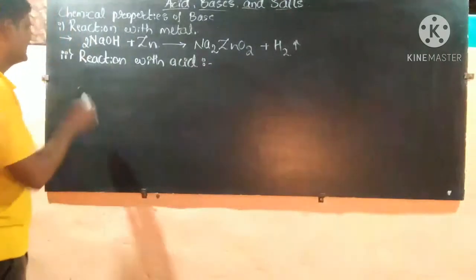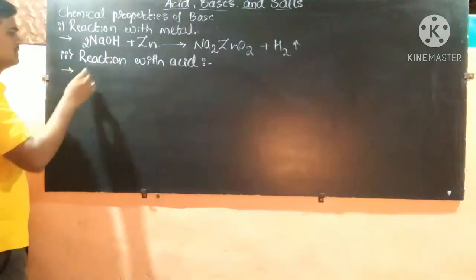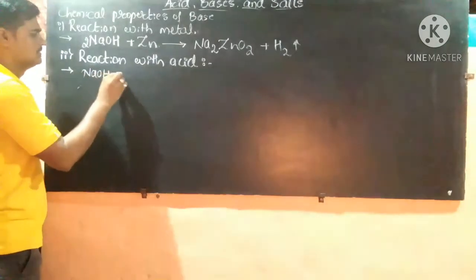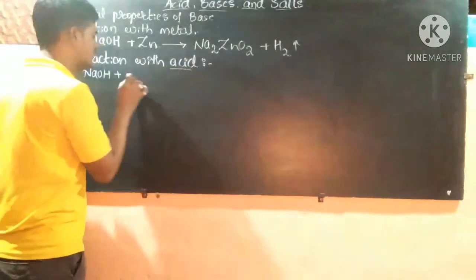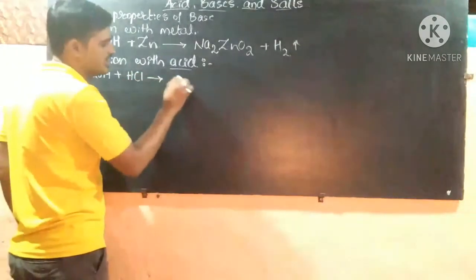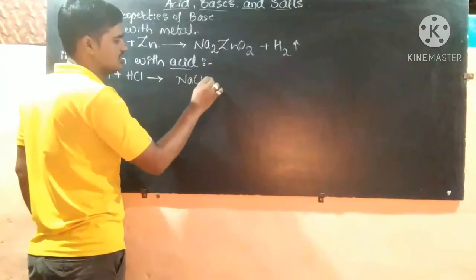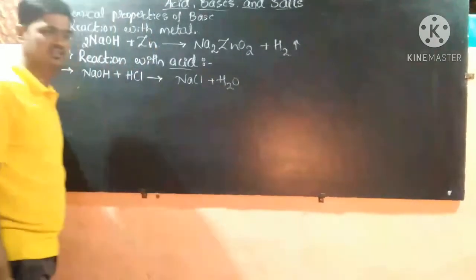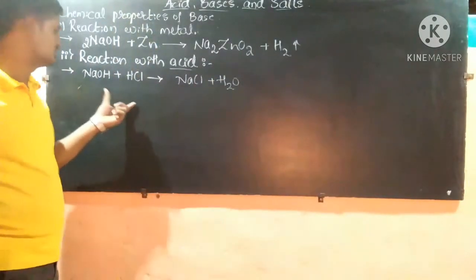Let's take one chemical reaction and study this one. Base, we will take NaOH, plus acid, we will take hydrochloric acid. The products formed are NaCl, that is sodium chloride, plus water is released. Let me take another chemical reaction.